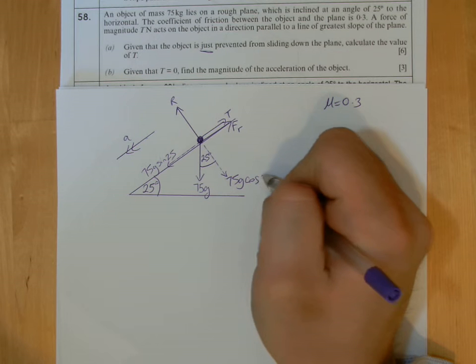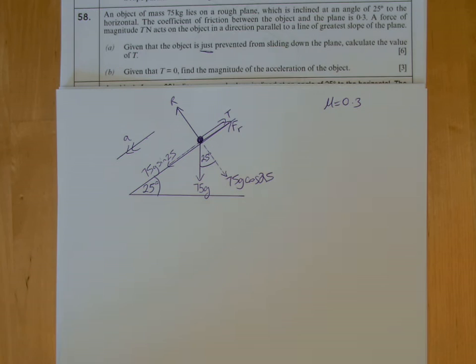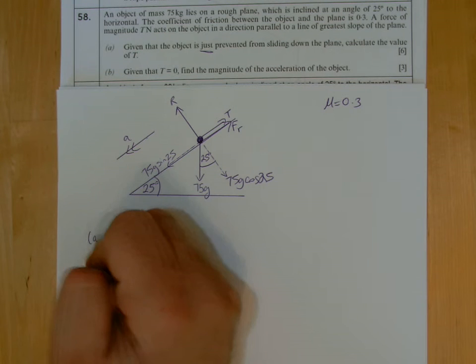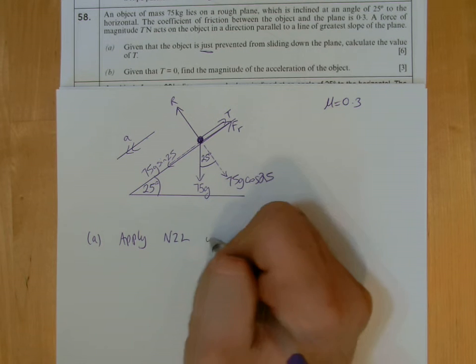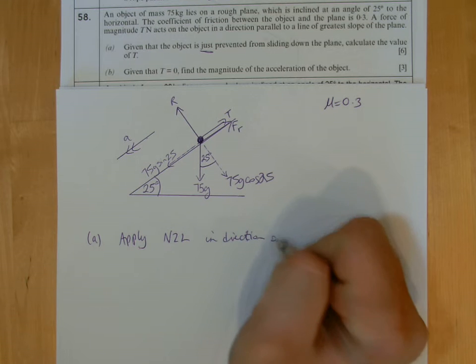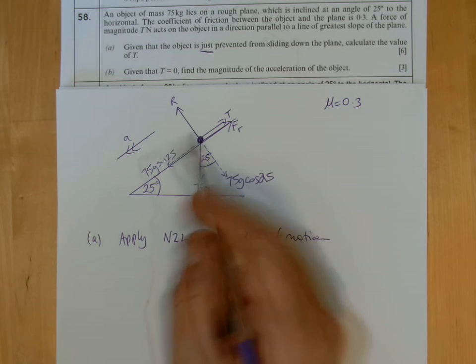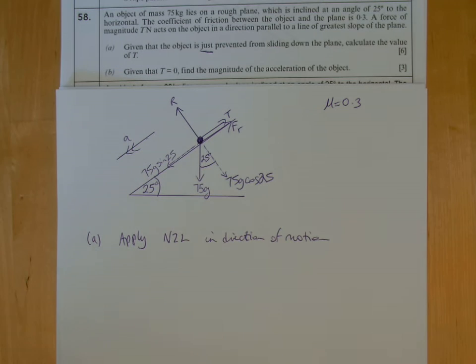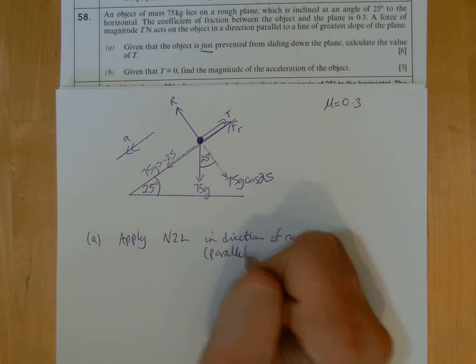So it'll be 75g cos 25. All right, so we can now apply Newton's second law in the direction of motion. Obviously it's not moving, but we can think about the direction it would move in, and it's about to fall down the plane, so that would be parallel to the plane.